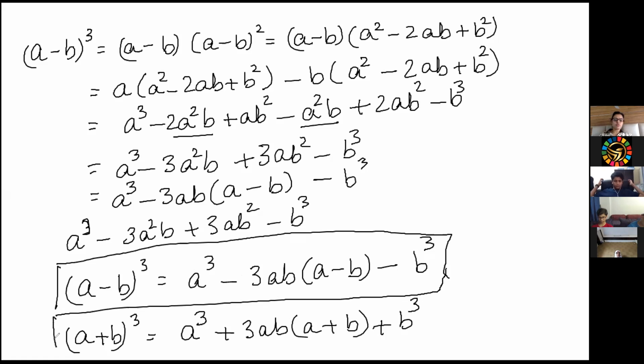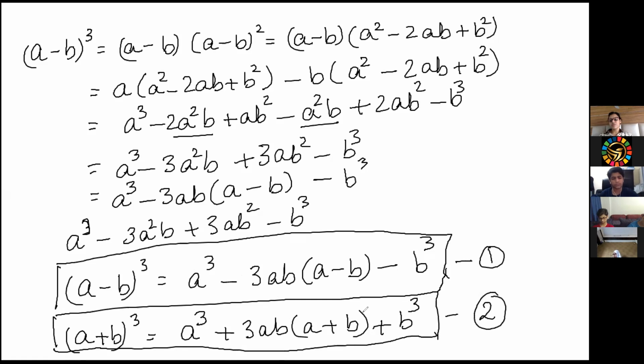So these two special identities we have done today. Based on this, we'll do questions. So this is your first one and this is your second one. Have you written both the identities, everyone? Yes. So only two more identities are left in this chapter, and we'll do that in the next class.